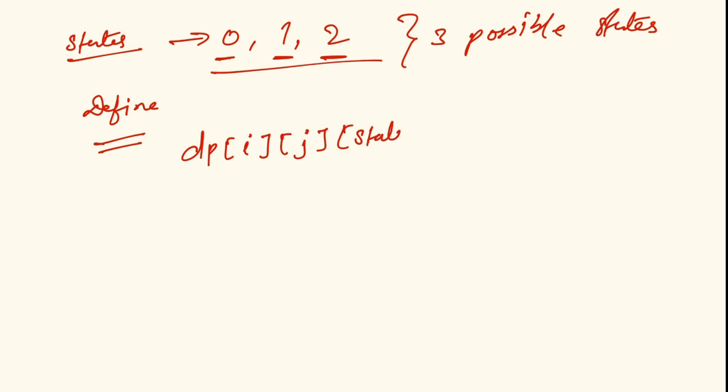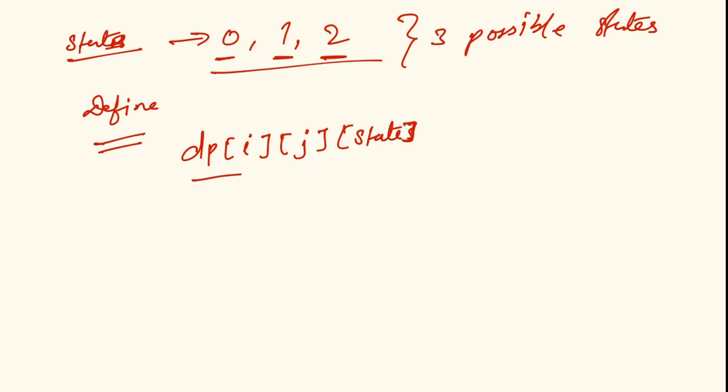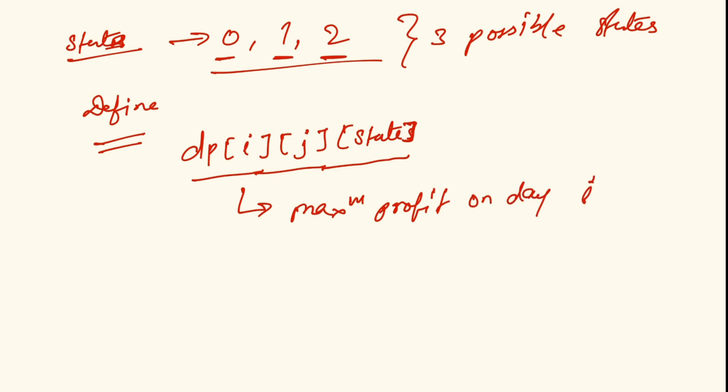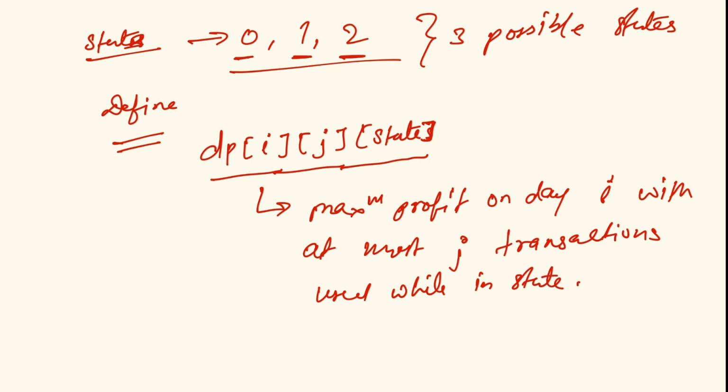So this will give you the maximum profit on day I with at most j transactions used while in that state. You should understand what we have given here.